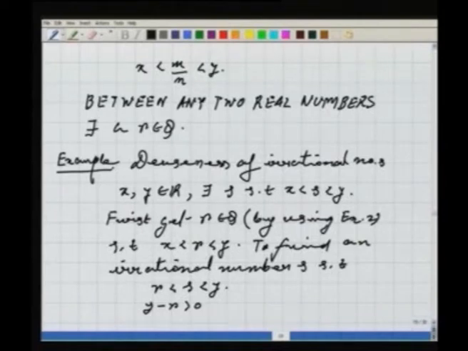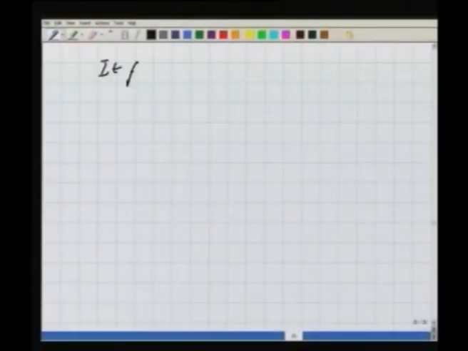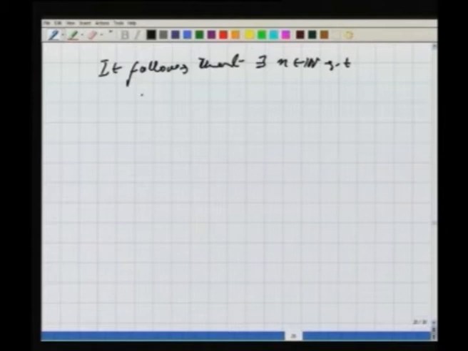In the Archimedean property, if you think of this as an x and choose another number root 2, I say by the Archimedean property it follows that there exists a natural number n such that n into y minus r is strictly bigger than root 2.